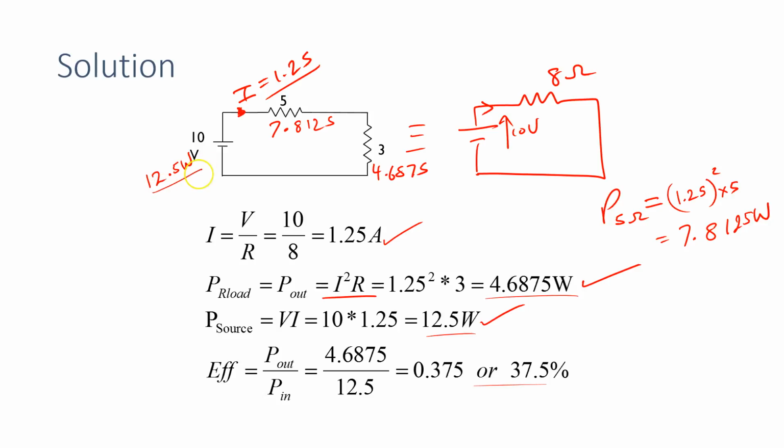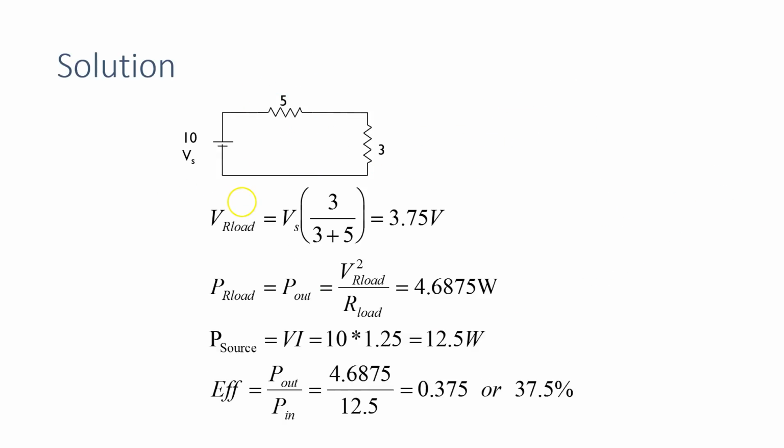The power supplied is 12.5. The power dissipated is 7.8125 plus 4.6875, and if we add these two together we should get 12.5, and that would be, could you remember what theorem? Right, Tellegen's theorem.